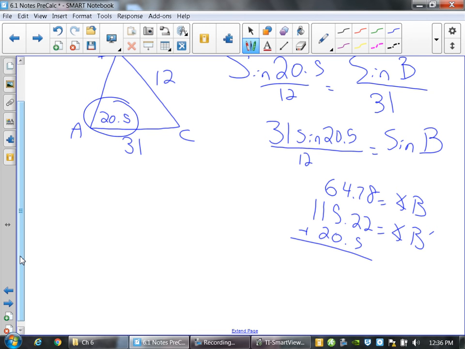You have one triangle with 20.5, 64.78, 12, and 31.